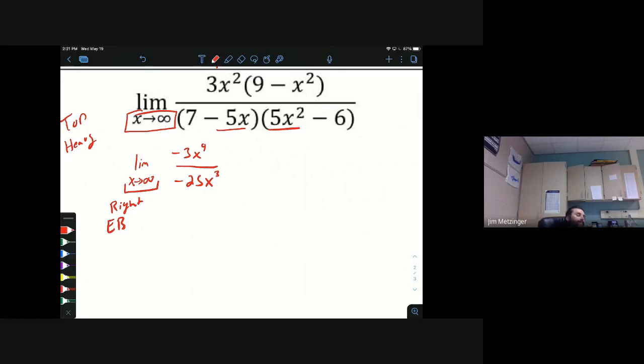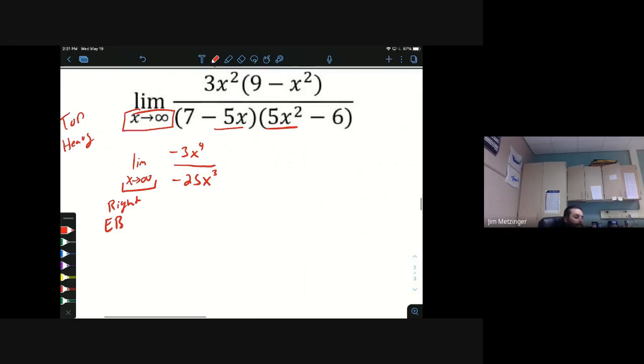Here's what you do. Reduce the problem. Simplify what you're looking at. So basically, this is going to behave the same way as the limit as x approaches infinity of 3 over 25 times x. If you go to the right, which way is that graph going? Up, down, or flat?